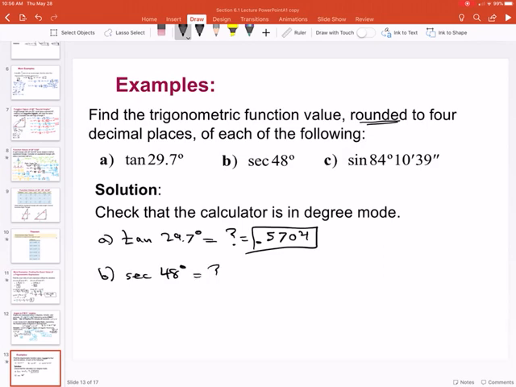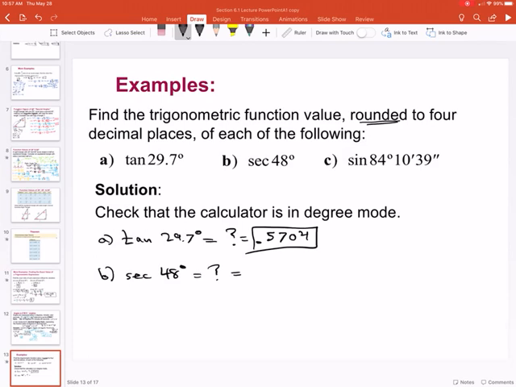What does it equal? Well, if you remember, we don't have a secant function shortcut key. We have sine, cosine, and tangent. So as I mentioned earlier in our lecture, when we're dealing with our reciprocal functions, secant, cosecant, cotangent, let's rewrite them using our reciprocal properties.